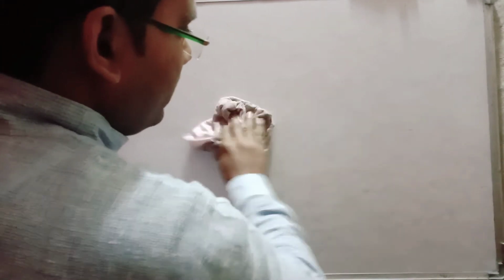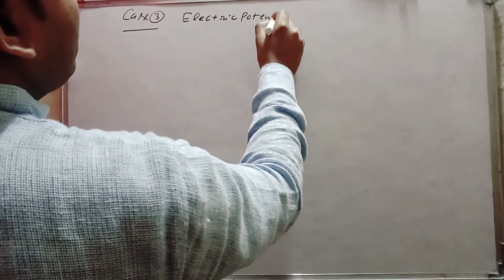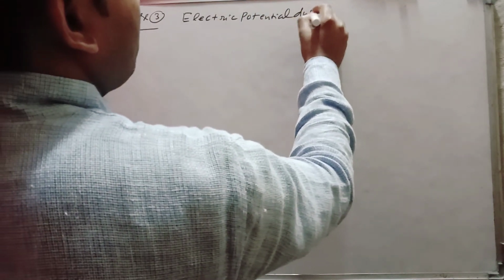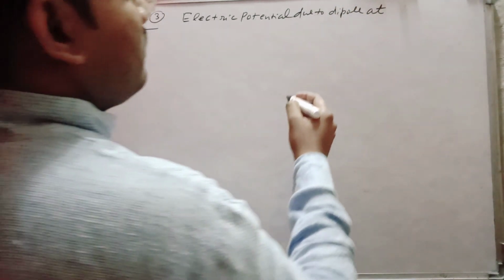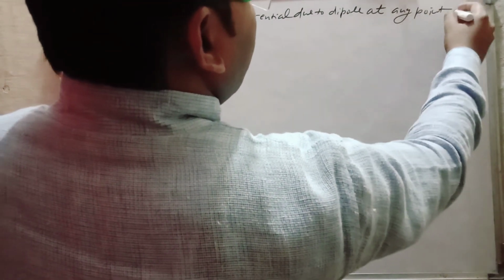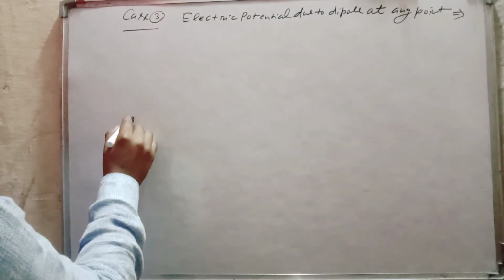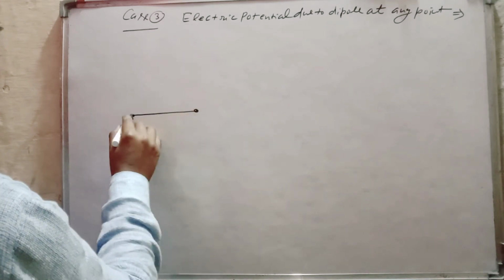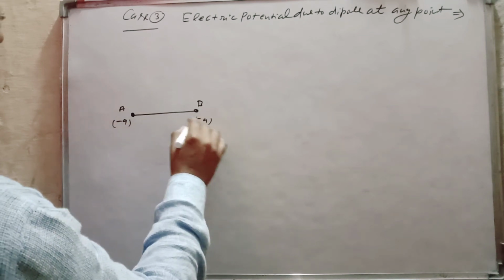Now here case 3. Electric potential due to a dipole at any point. Now here we take an electric dipole AB, this has charge minus q and this has charge plus q.